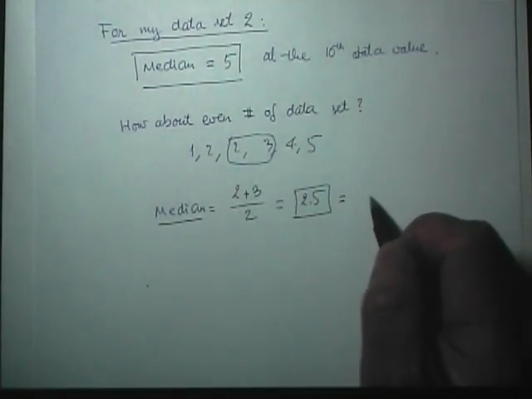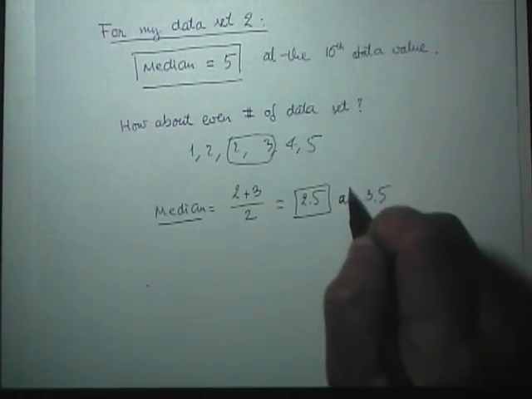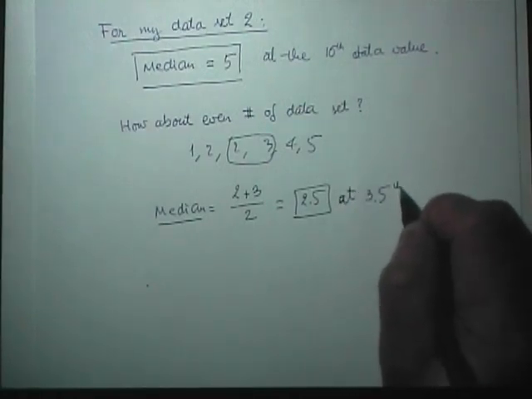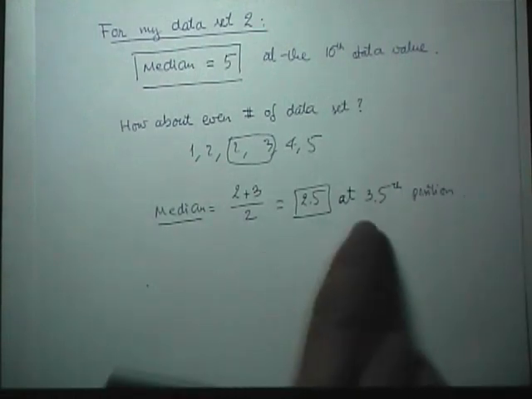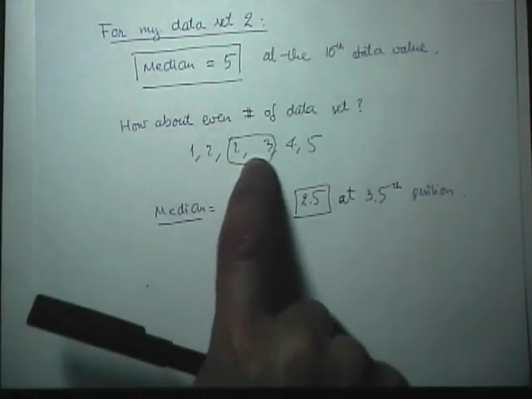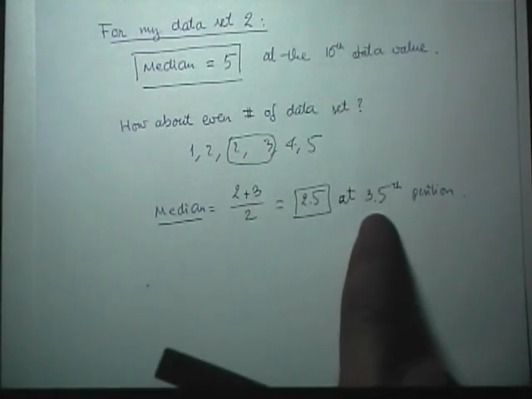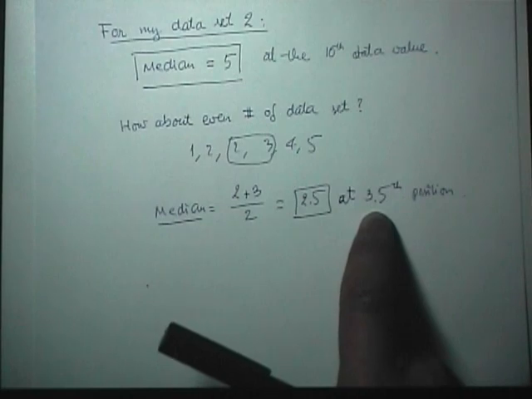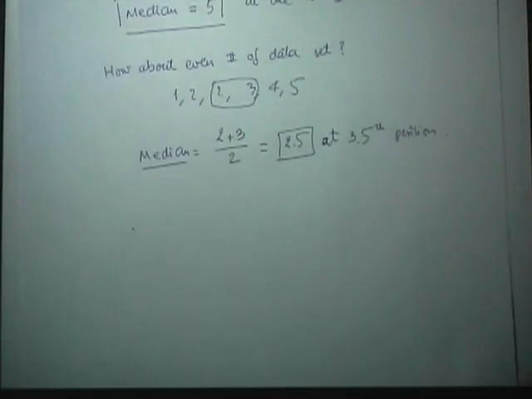So we can pretend that it's actually at position 3.5. See it now? It's at the 3.5 position, meaning it's after the 3rd position, but also before the 4th position. That's what I mean by the 3.5 position, right? It's not something real, but something we pretend.